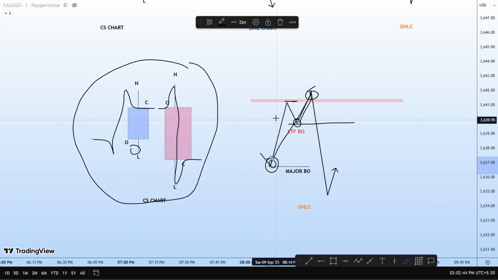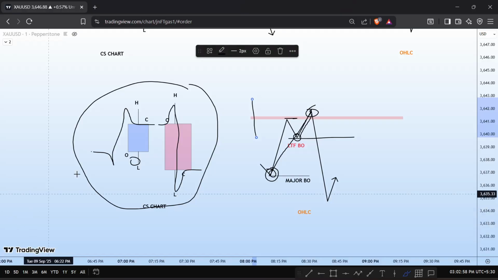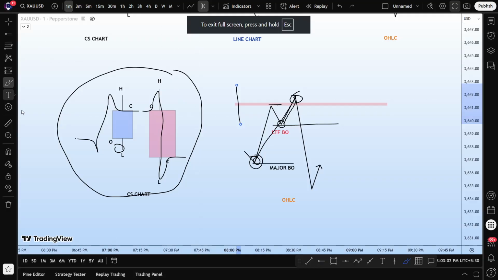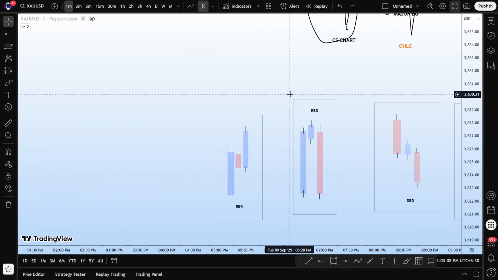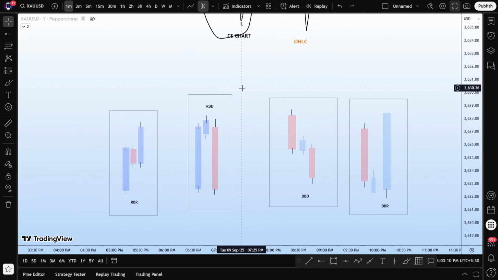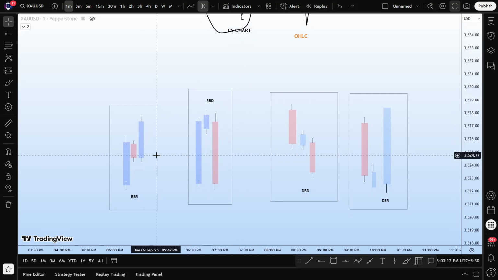So this is how the engulfing patterns look in the OHLC perspective, as well as how we discussed it in the SnR way. Moving ahead, we will discuss the SND view, the supply and demand view, and how it is similar.